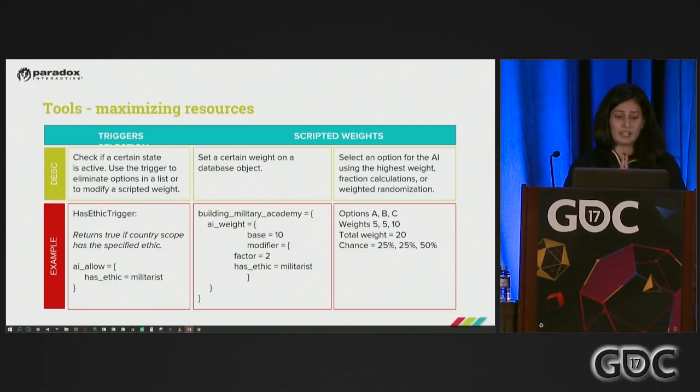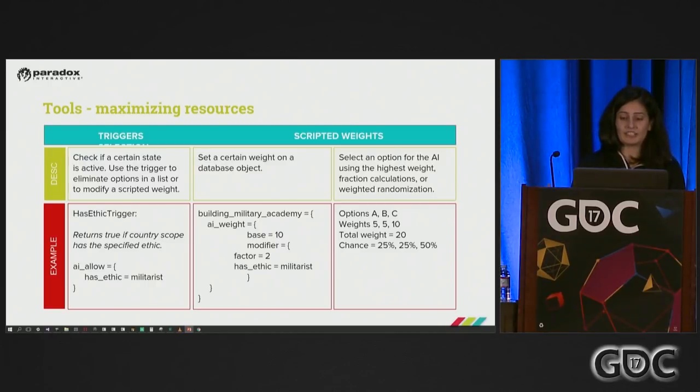So every building has an AI weight, and there's a base, say 10 in this case, and then we add a modifier where we use that trigger to check if this is militarist, then we multiply it by a factor of 2.